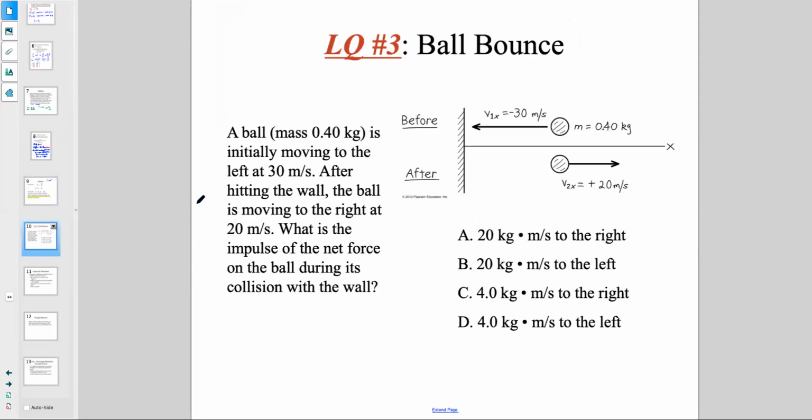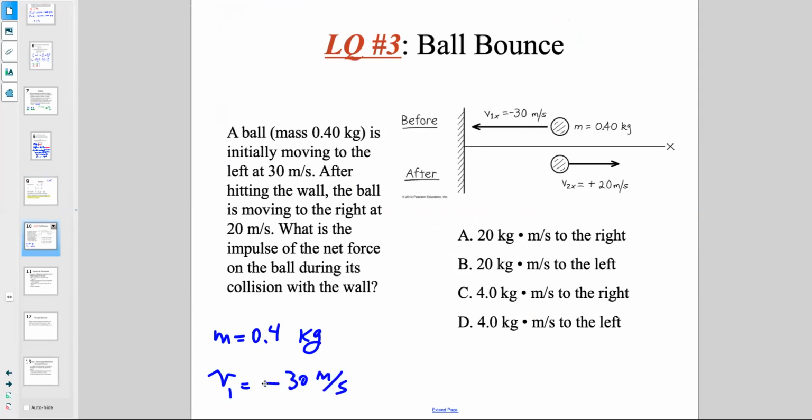So let's take a look at this little example. I have a ball with a mass of 0.4 kilograms, initially moving to the left at 30 meters per second. So I have the initial velocity, V1, of negative 30 meters per second.